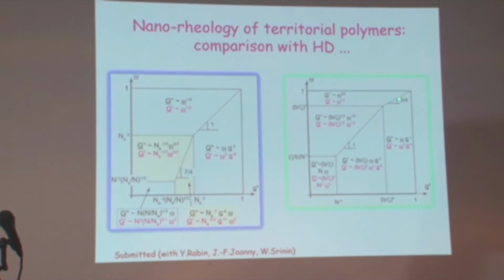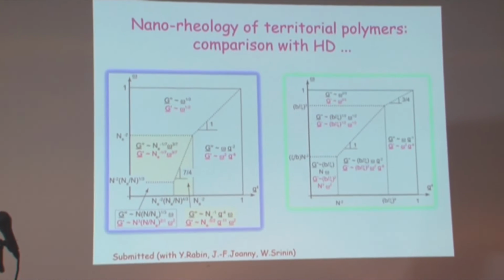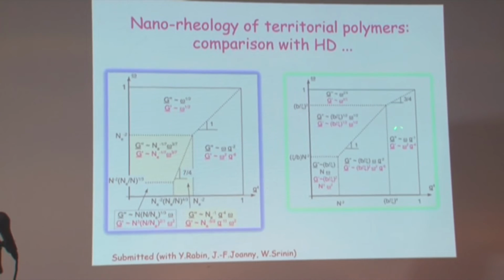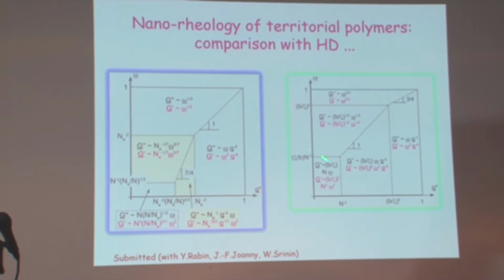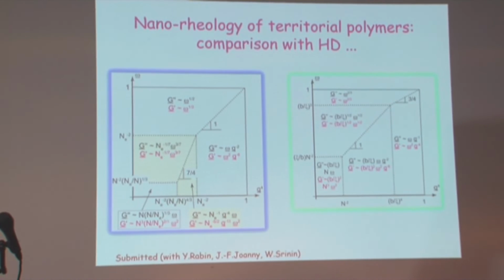Hydrodynamic interactions are important outside of this diagram because they are screened, as I told you, on large distances, and therefore they only exist at very large Q, at small distances. Between pieces of polymers they are important, and here in the internal part of this diagram, they are not important.